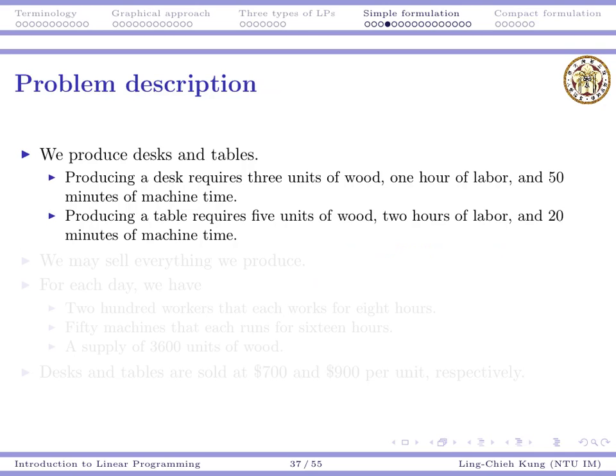As an example, let's do something that is actually simple. We only produce desks and tables. Producing a desk requires 3 units of wood, 1 hour of labor, and 15 minutes of machine time. Producing a table requires 5 units of wood, 2 hours of labor, and 20 minutes of machine time.